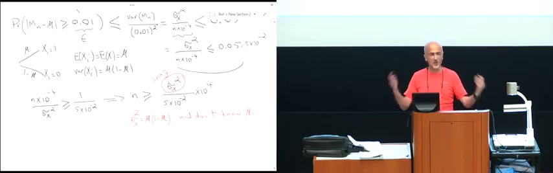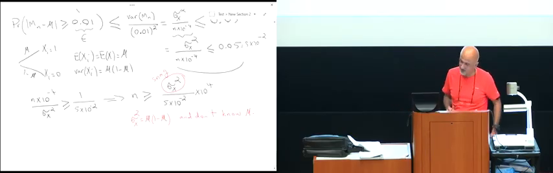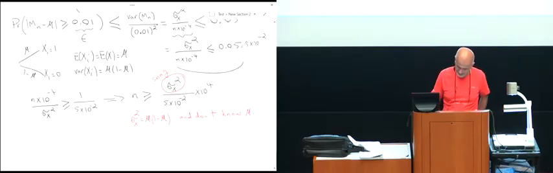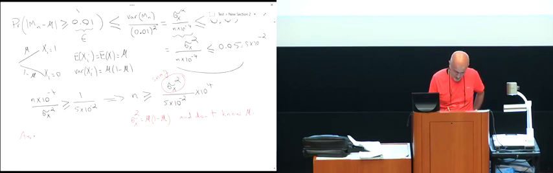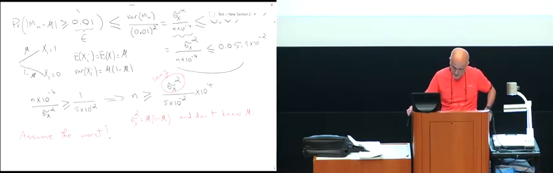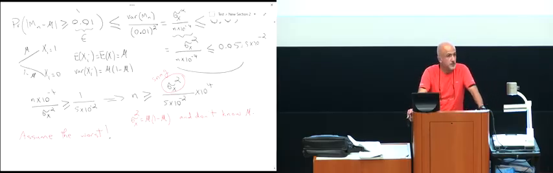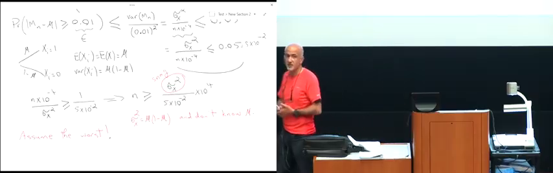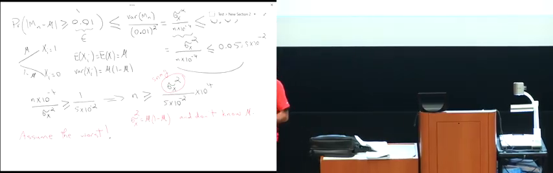Assume the worst. Always works. That was a brilliant way of putting it. Assume the worst. Notice, if I assume the worst, that means I assume the maximum possible value sigma x squared can take.